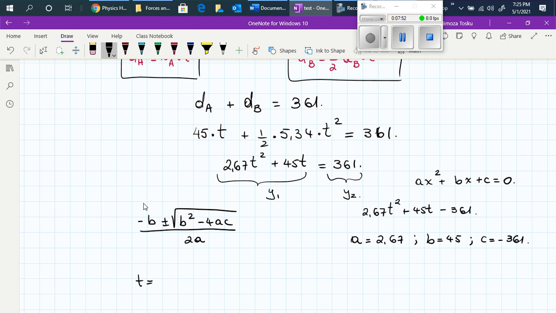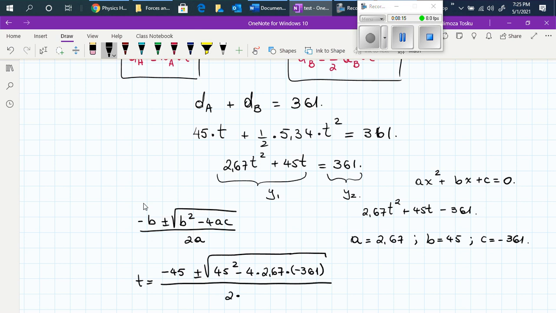So time will be negative b, so negative 45, plus or minus the square root of 45 squared minus 4 times 2.67 times negative 361, and the whole thing is divided by 2 times 2.67. If you do the calculations, you should have two values of time, one dealing with the negative root and the other with the positive root.